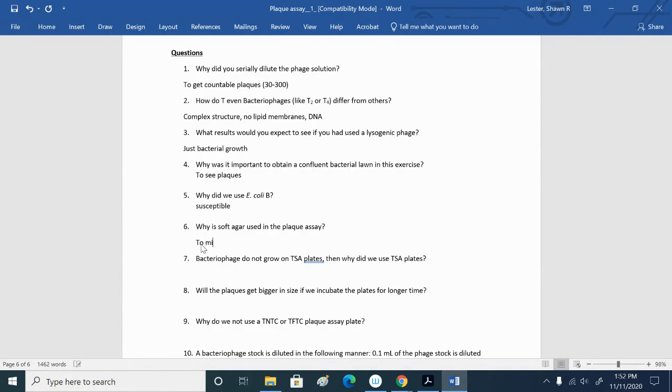To mix the phage and E. coli together. Bacteriophages by themselves are not going to grow on agar. Mix phage and E. coli together.